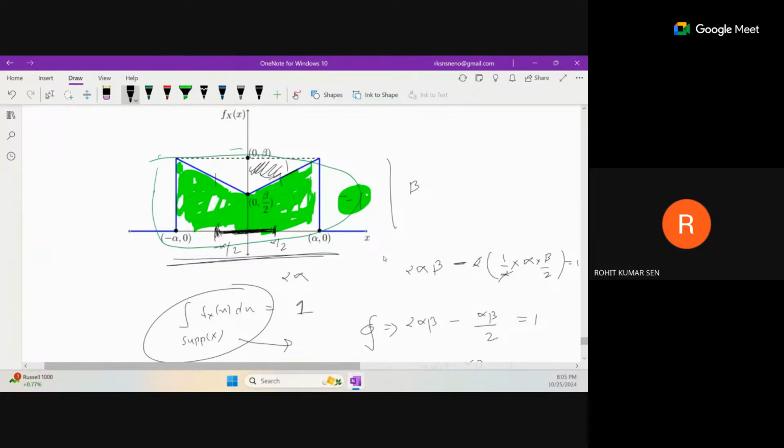You can also find the area, but it is a bit difficult. So what I will do, I will try to get the equation of this line. I will find this area, and I will multiply it with 2, because it will give me the area of this also.